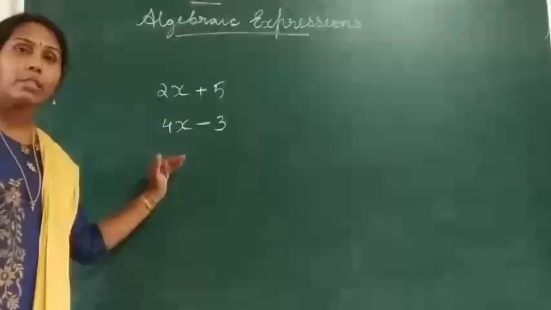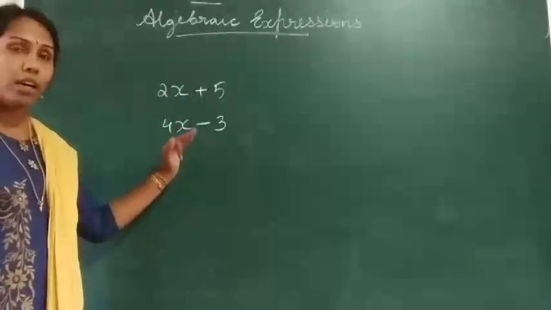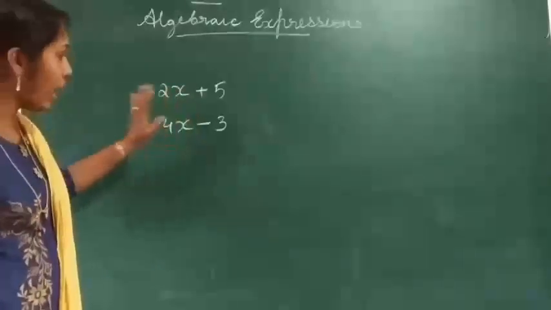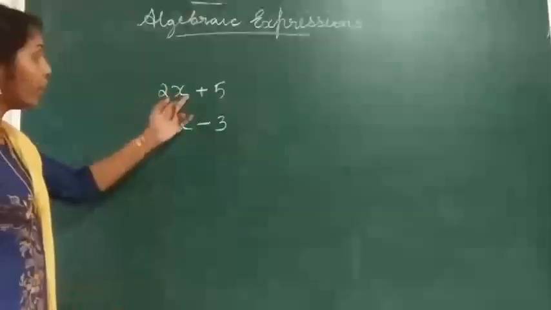So this way the expressions can be explained. Any algebraic expression will have its own explanation. 2x plus 5 and 4x minus 3 are a few examples, and they contain only one variable.